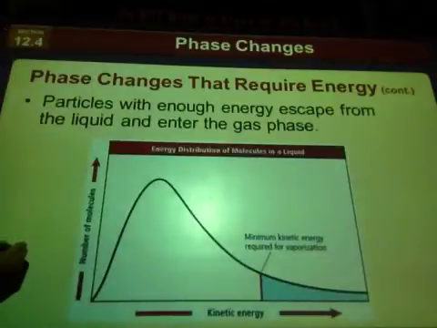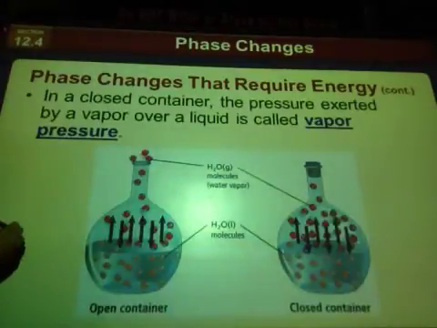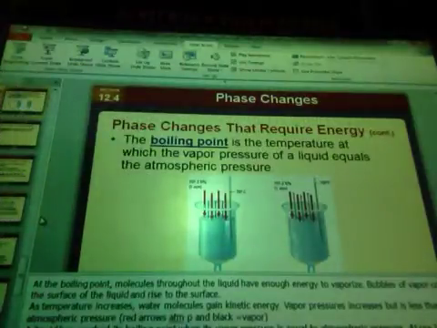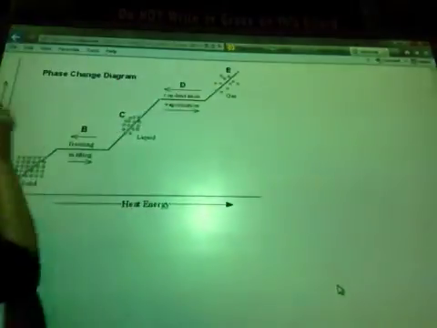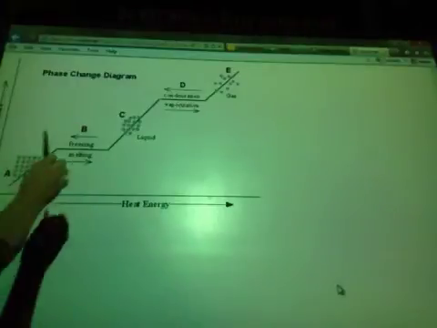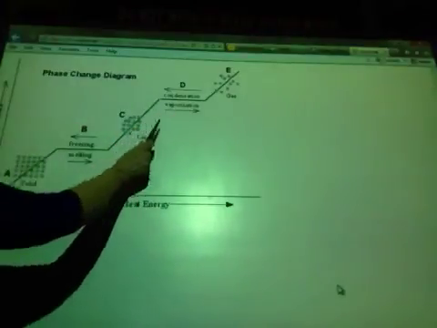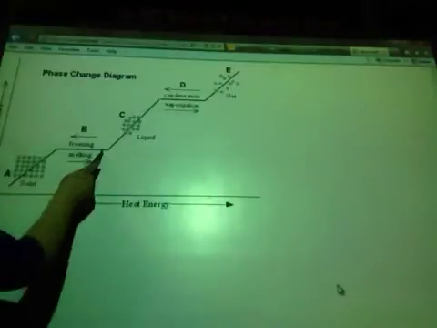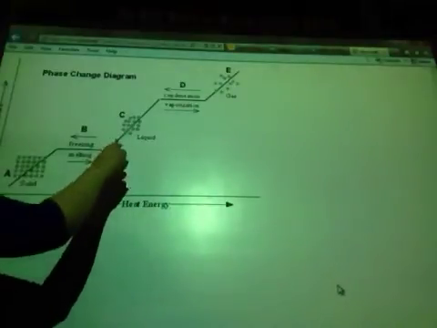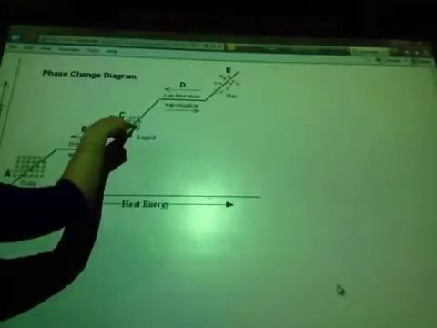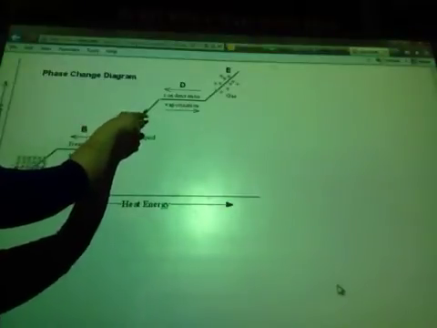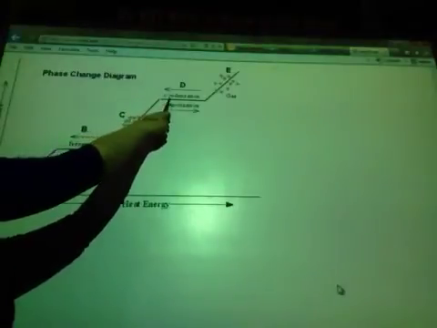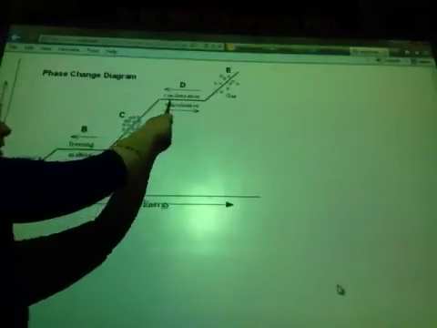Now, I want to go back really fast. Let's go back to the phase change diagram. So vaporization, we know, occurs when a liquid is changing into a gas. So if I'm going back to my phase change diagram, I'm going to start here at my liquid. I'm going to keep adding energy or heat, and I can notice that the temperature is increasing. But at one point, that temperature is going to stop increasing.